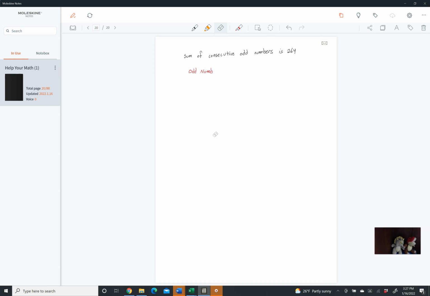This guarantees that the number is not divisible by 2, because we're saying it's a number that is divisible by 2, plus 1. And then the next odd number would be this number plus 2, right? Because if we just added 1 to it, then we're talking about consecutive numbers. But we want consecutive odd numbers.